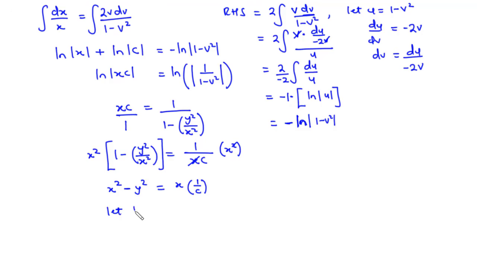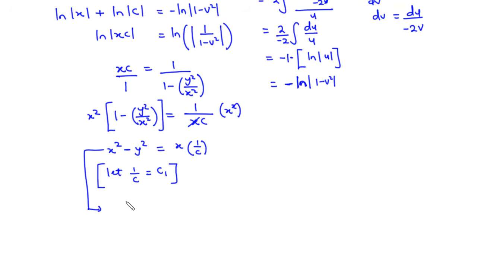So let 1 over c be equal to c1, which is also a constant. Therefore, we have x squared minus y squared equals x times c1. Now this is said to be the general solution of the differential equation.